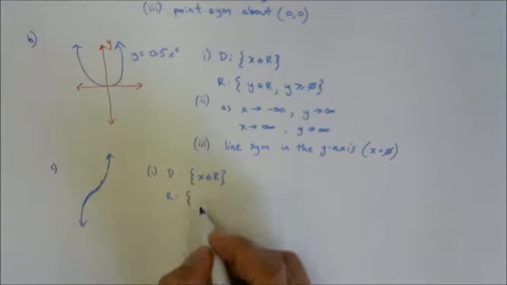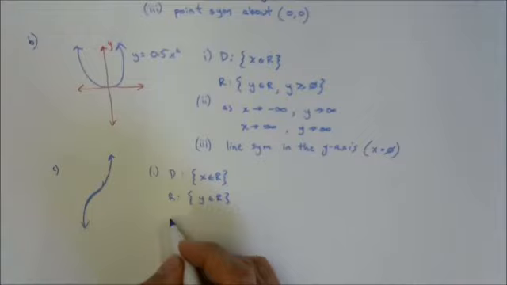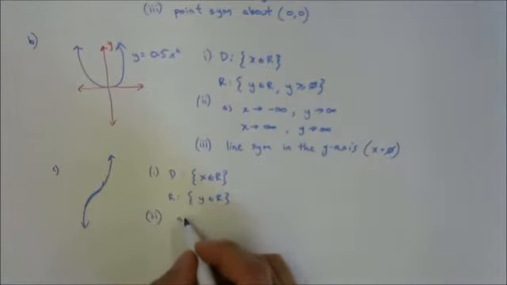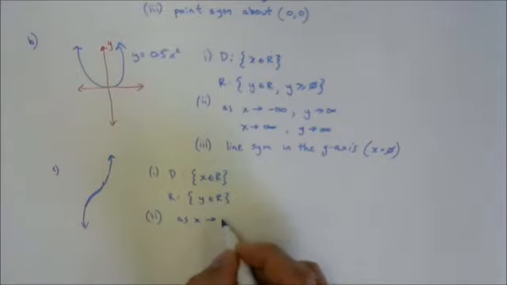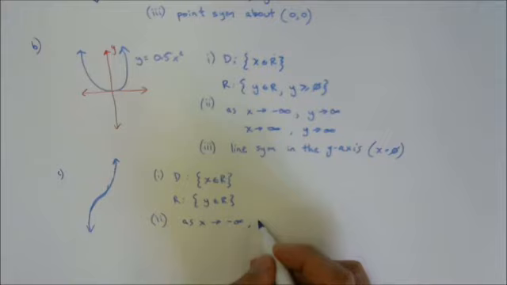Range. Any restrictions? Nope. End behavior. As x reaches positive infinity, y reaches positive infinity. As x reaches negative infinity, y also reaches negative infinity. Good.